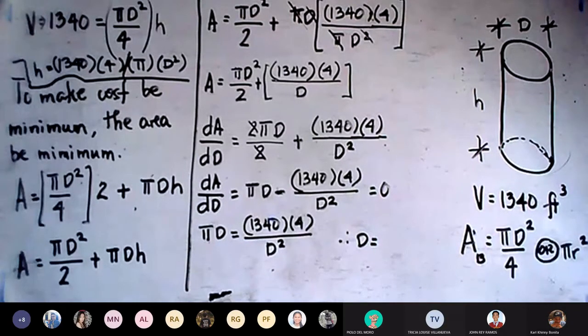That would be equal to 1,340 times 4 divided by pi. Then we are going to get the cube root.